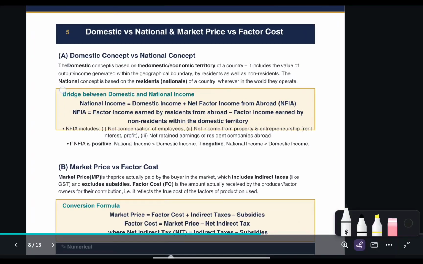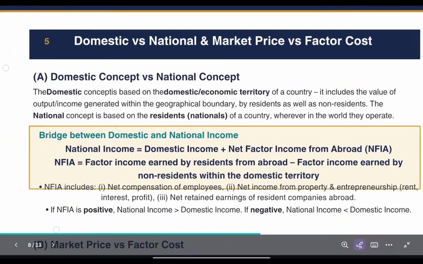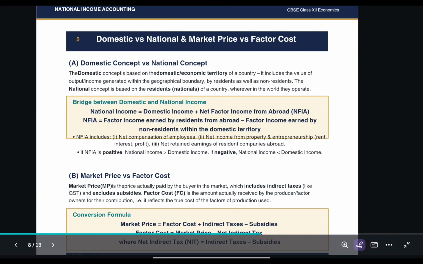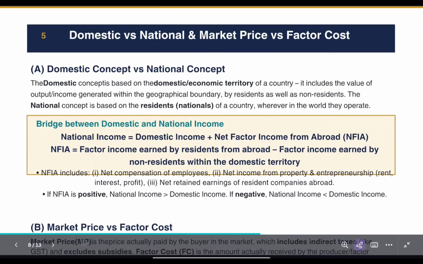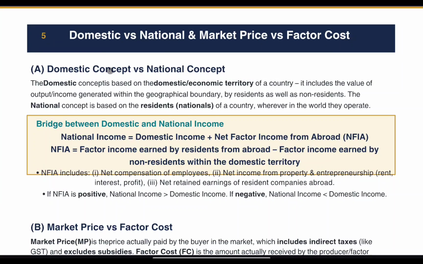So the methods to calculate national income are completed, and we have a few topics like what is the domestic and national concept. The domestic concept is based on the economic territory or domestic territory of a country. It includes the value of output or income generated within that geographical boundary by residents as well as non-residents.